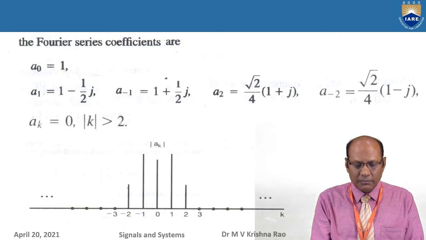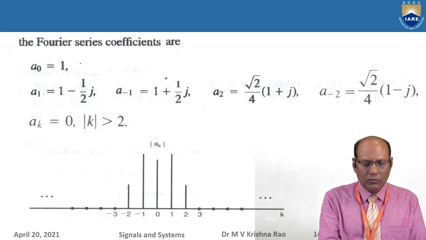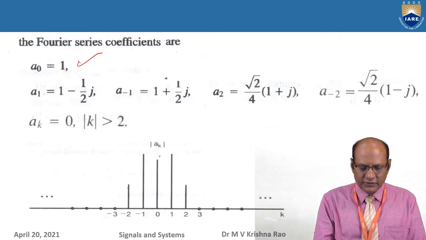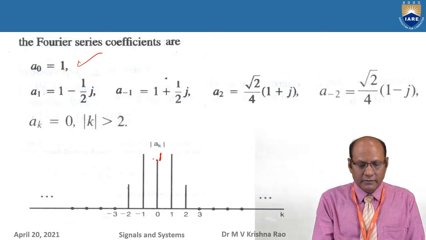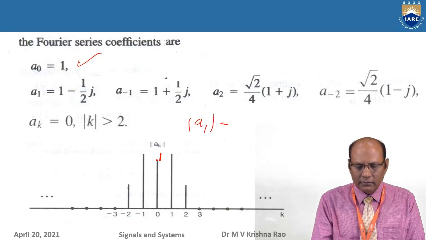Now the same coefficients, I take the magnitude of these because the coefficients are complex. If I take the magnitude, what is the magnitude of this? A naught equal to 1. See here, this value equal to 1. Then what is the magnitude of A1?